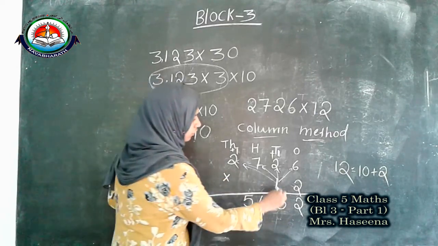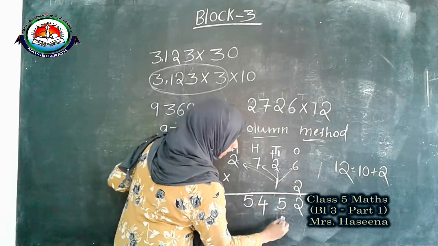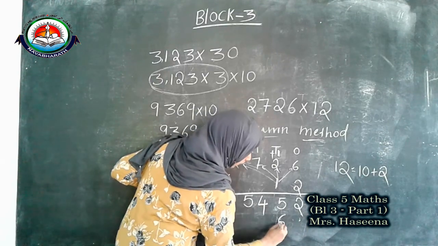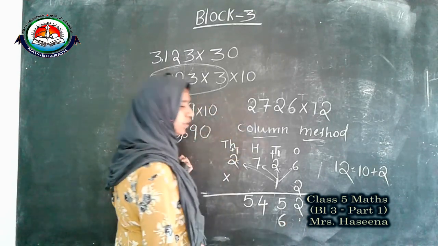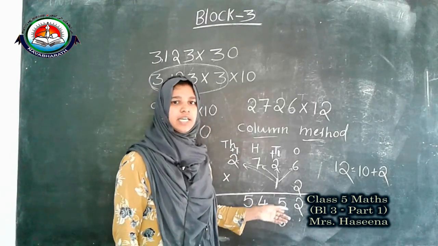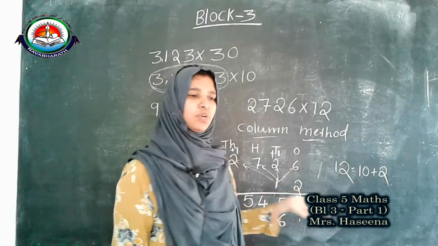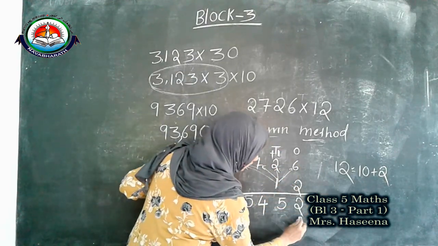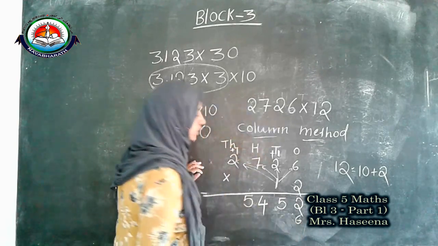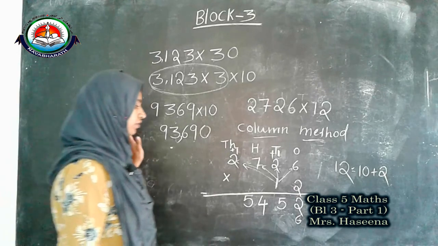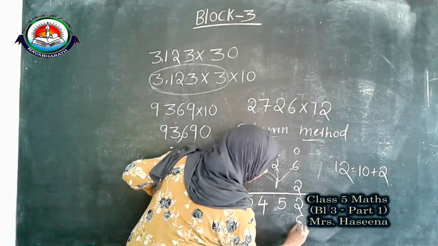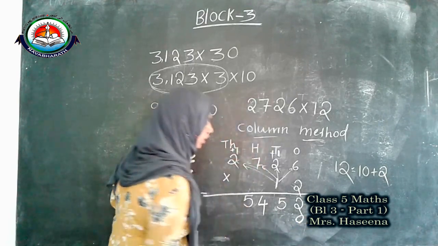Understood? So 1 into 6, I want to write 6 here only. Don't write it here. If I write 6 there, unknowingly, in the first question you also will write 6 here. In the next question, your 6 will reach the middle or somewhere else. Then a mistake will happen. To avoid this mistake, first we can write a 0 here.